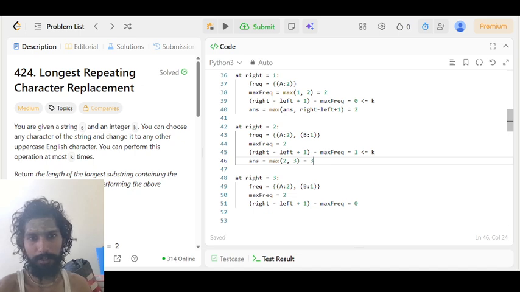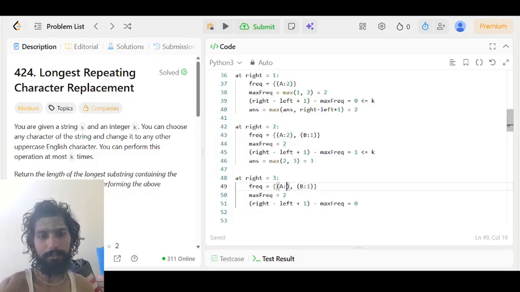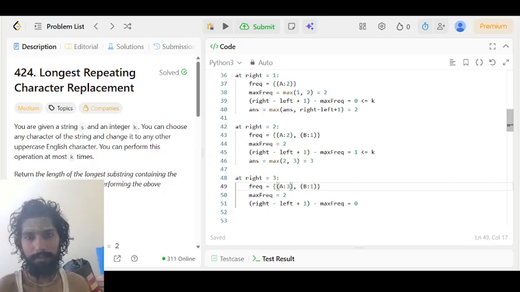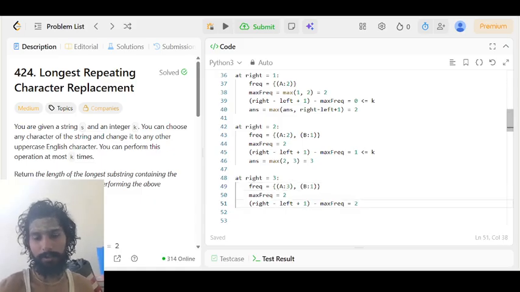Now at right equal to 3, I will have A2 and B1 and max equal to 2. At right equal 3, A will become 3. Now 3 minus 0 plus 1 is 4. 4 minus 2 is equal to 2. Now here is a problem, that 2 is greater than k.